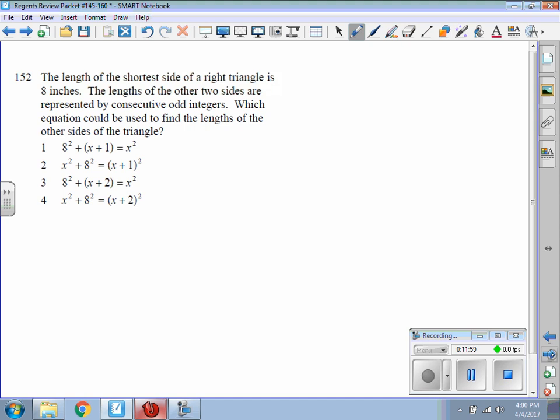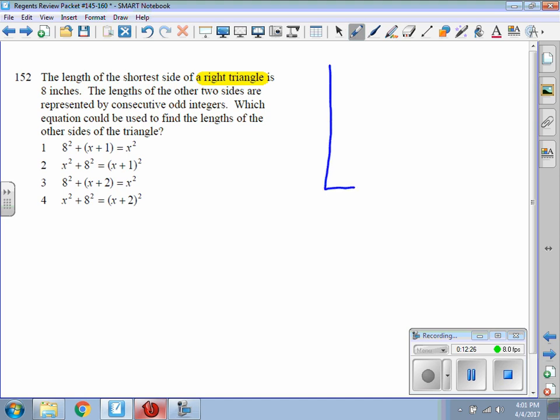152. 152 says, the length of the shortest side of a right triangle is 8 inches. The lengths of the other two sides are represented by consecutive odd integers. Which equation could be used to find the lengths of the other sides of the triangle? All right, I see the words right triangle. I gotta get a visual of what a right triangle looks like.